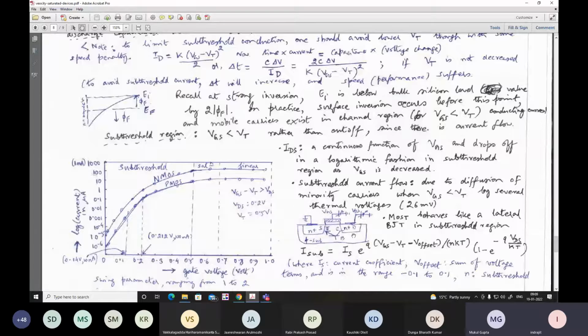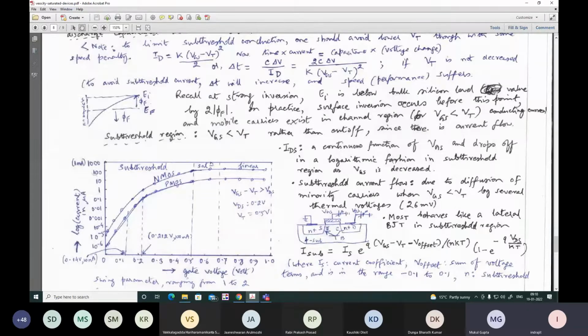Generally, for appreciable current we use a vertical bipolar junction transistor. A lateral bipolar junction transistor has current amplification even smaller than 1 at some point. So here we see that an analogy has been drawn between this field effect device behavior and a BJT, where the emitter is equated to the source, the collector to the drain, and the base to the substrate, the body.